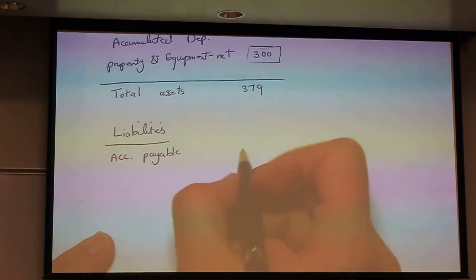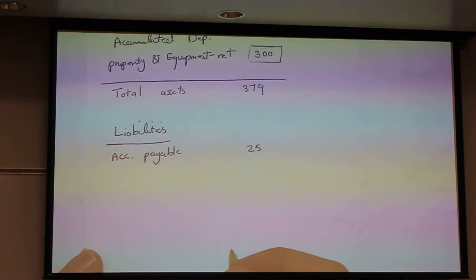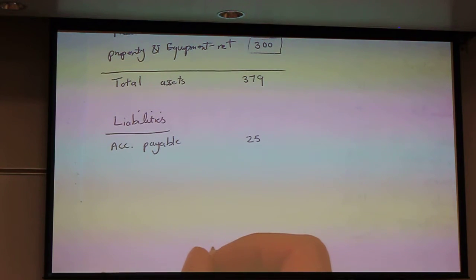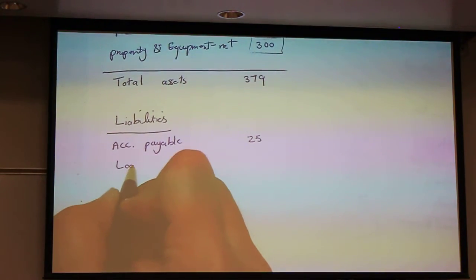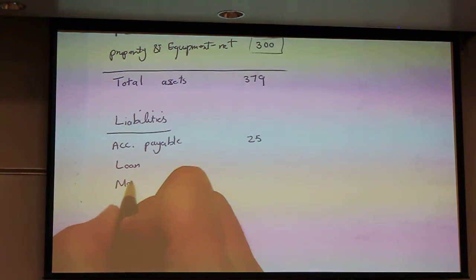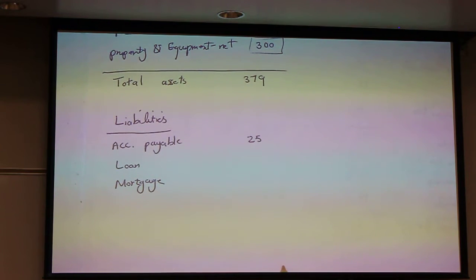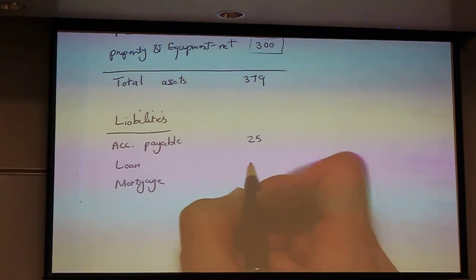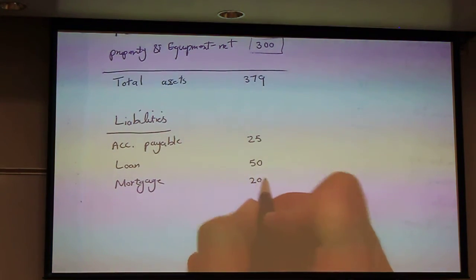Accounts payable is $25,000. What else do we have here as L's in our table? Loans and mortgage. Loan, how much loan? 50. How much is mortgage? 200, thank you, 200.